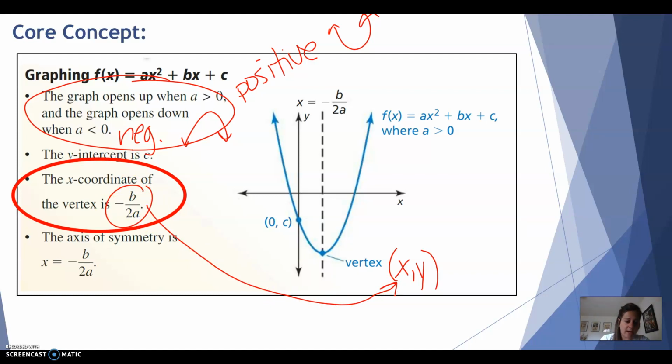Then finding the y part of your vertex is, again, very easy. The axis of symmetry is the dotted line that goes through your vertex. That is the easiest thing to find, and there's no work for that. Once you have your vertex, your axis of symmetry is super easy to write down.